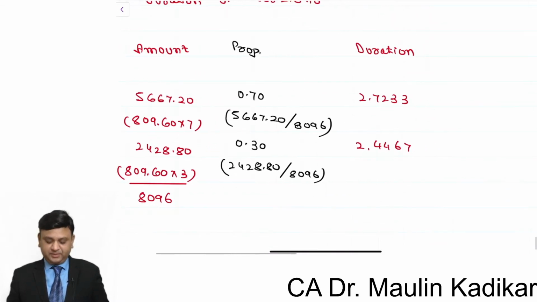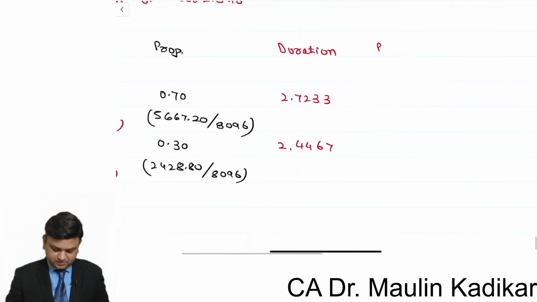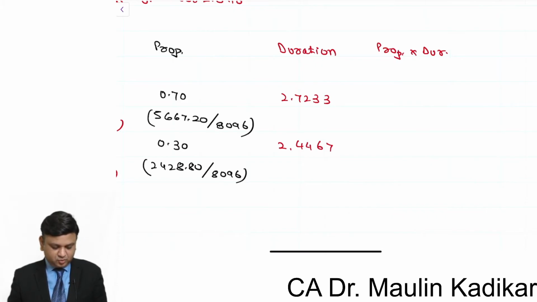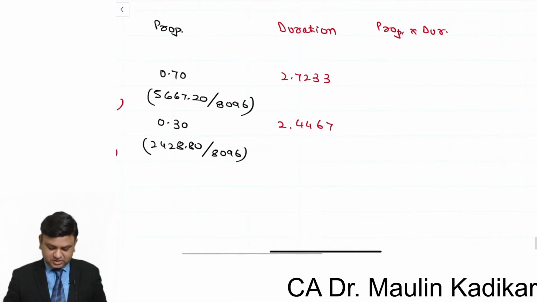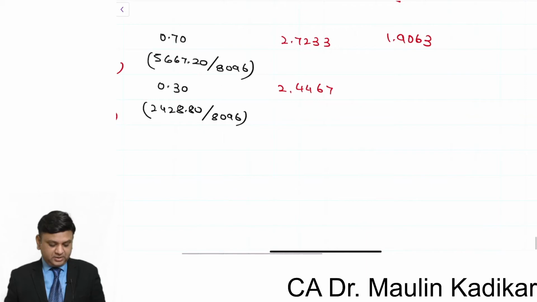So what we will do is proportion into duration. With that we will compute the weighted average. So 0.7 into 2.7233, that comes to 1.9063. 0.3 into 2.4467 is 0.7340.